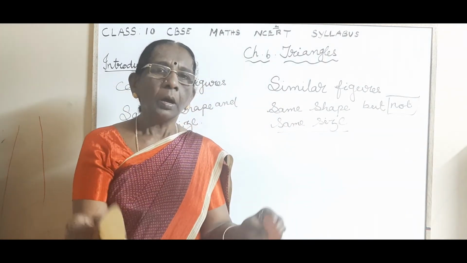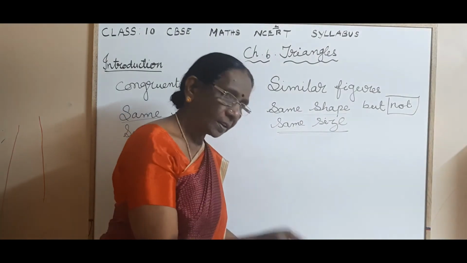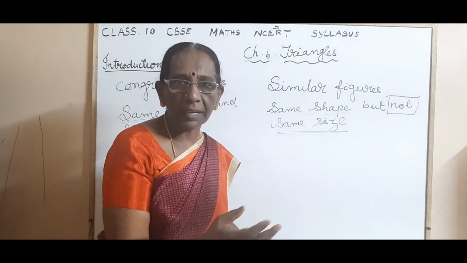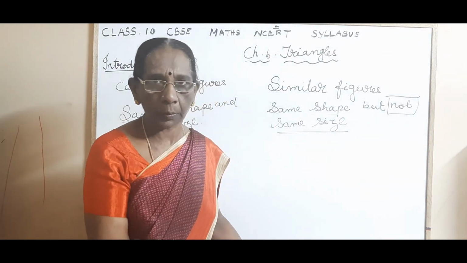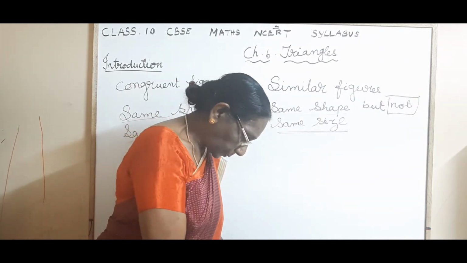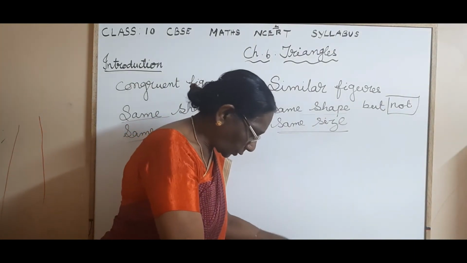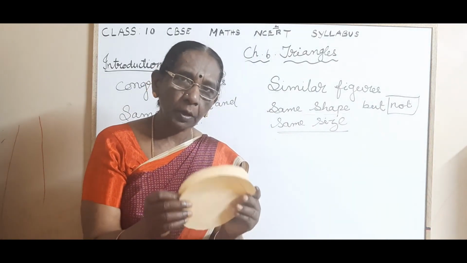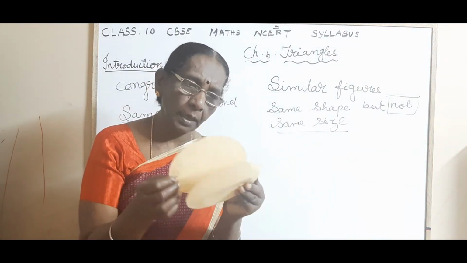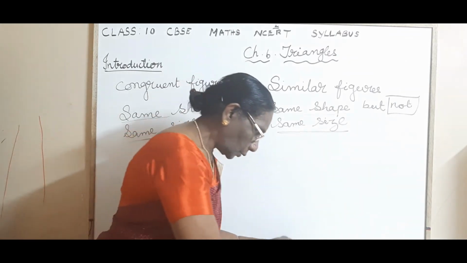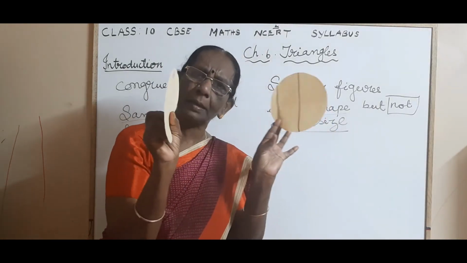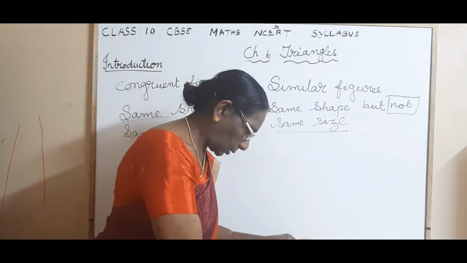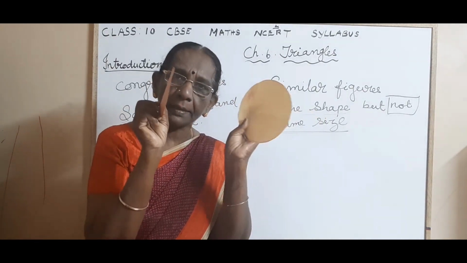So congruent shapes are similar shapes, but similar shapes are not congruent. Because when you keep these two together, the one on the other, they are exactly coinciding. When you are superimposing these two figures, they are coinciding. So they are congruent, and you can say they are similar also.